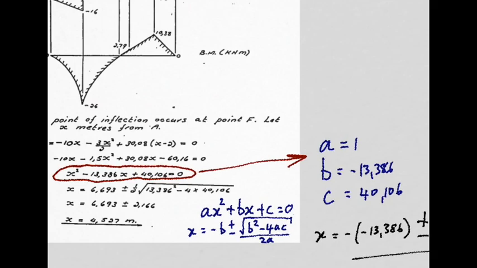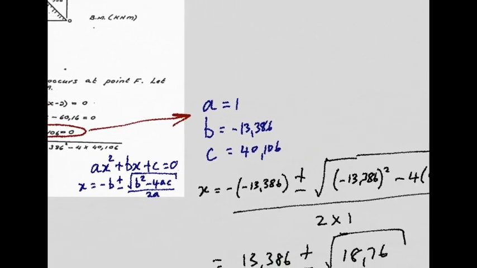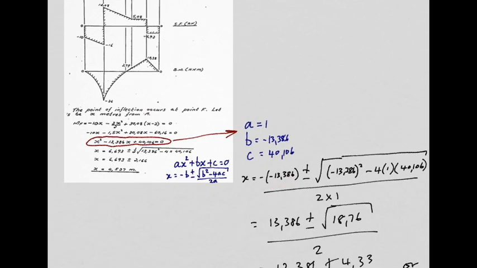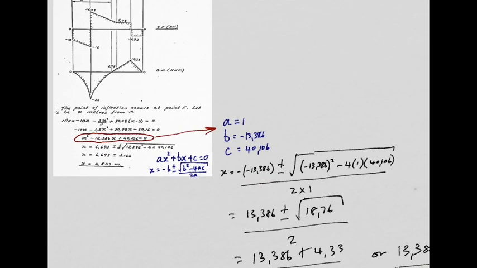Let's lay that out a bit more simply. In our case, the quadratic looks like this. So there's our a value, which would be 1, because there isn't a number there. Our b value is minus 13.386, there it is there, and our c value is 40.106. The quadratic equation says that x is equal to minus b plus or minus root b squared minus 4a times c all over 2a.